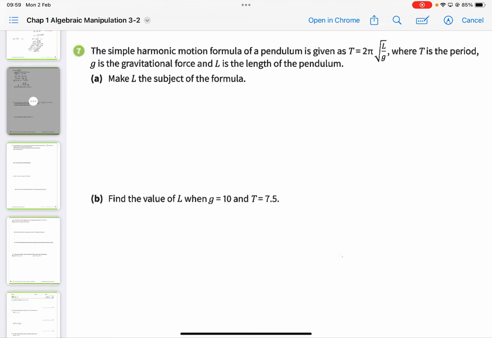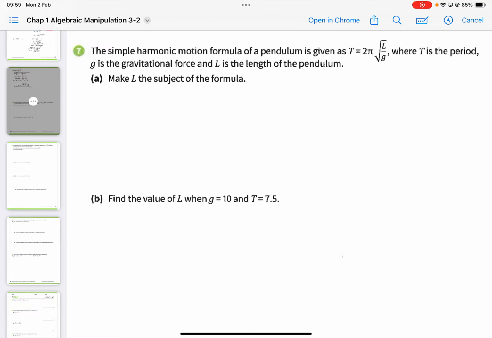Question 7. Go and read the question and try and practice. The story is a story, not so important one. End of the day, you must know that whatever story they tell you, they are giving you a formula. And from the formula, you are changing the subject.